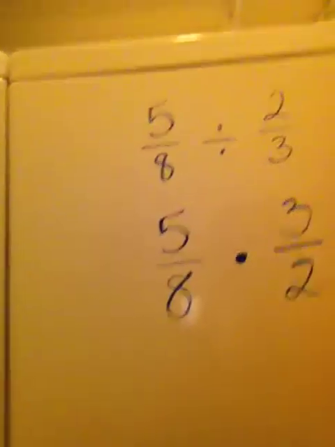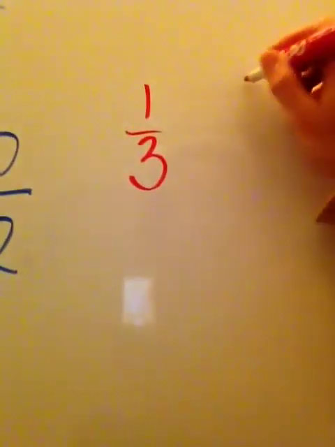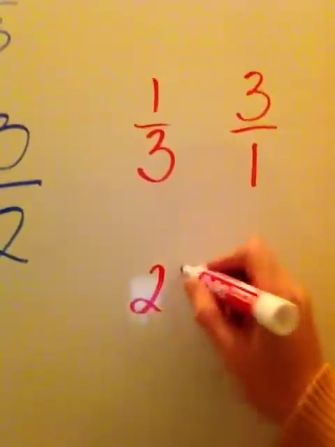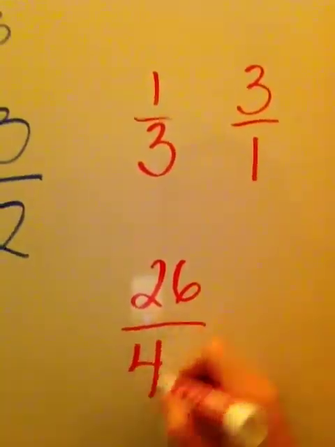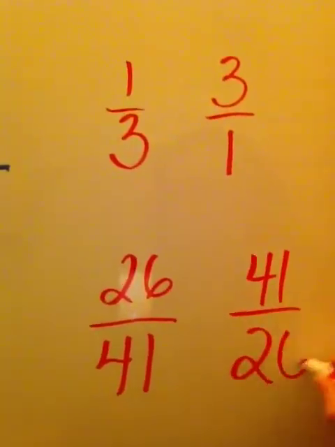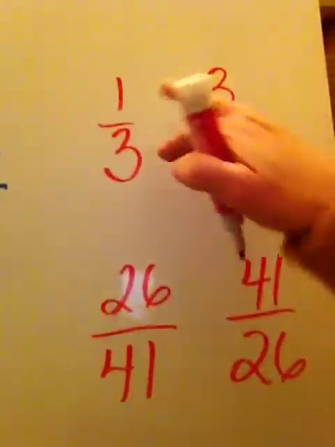So a reciprocal, I'll do a different color. We'll do it over here on the side. So if I have 1/3, the reciprocal is 3/1. If I have 26/41, the reciprocal is 41/26. Okay, we're not doing anything with this, like I'm not multiplying or adding these together.